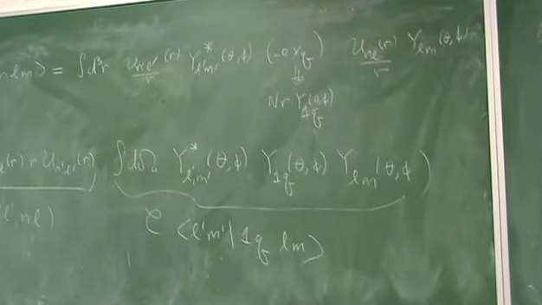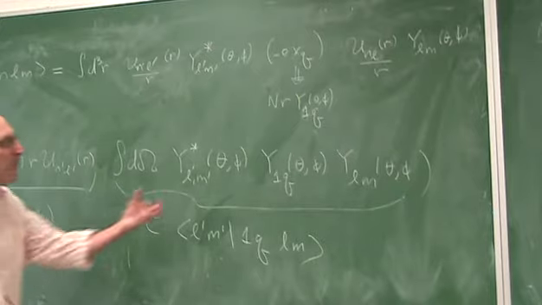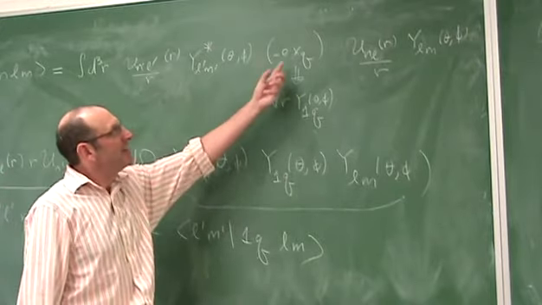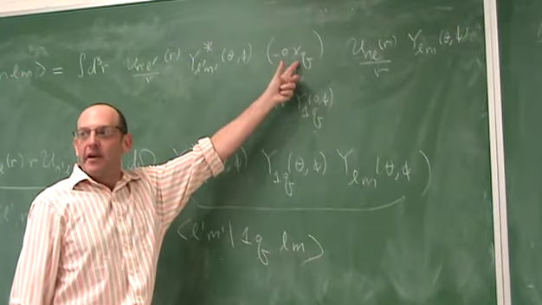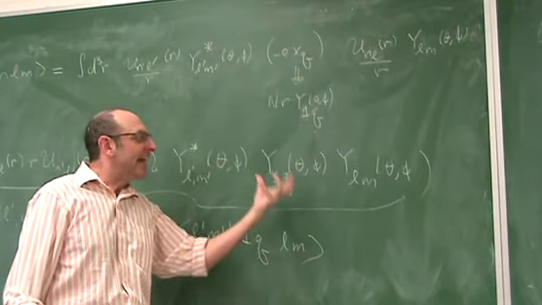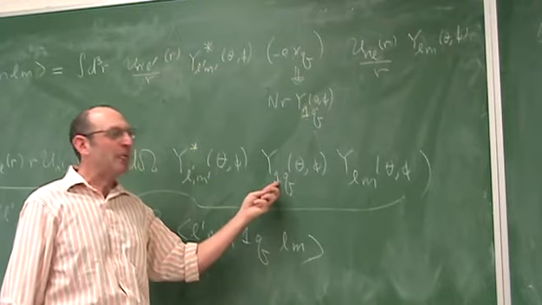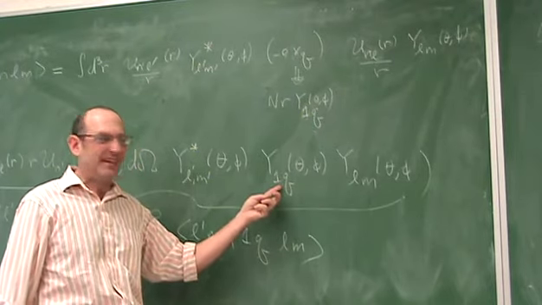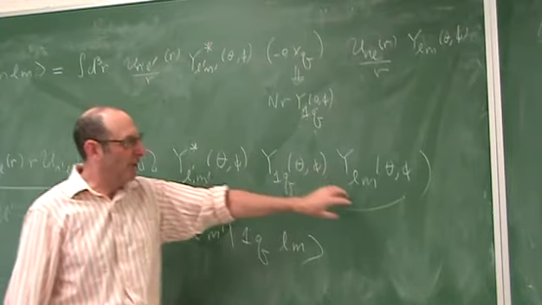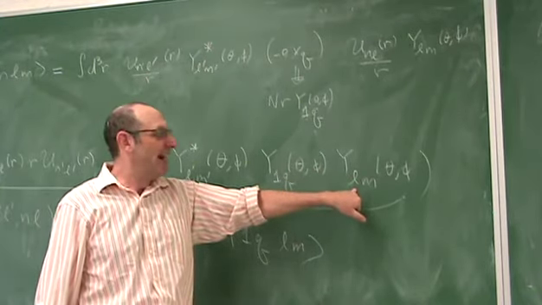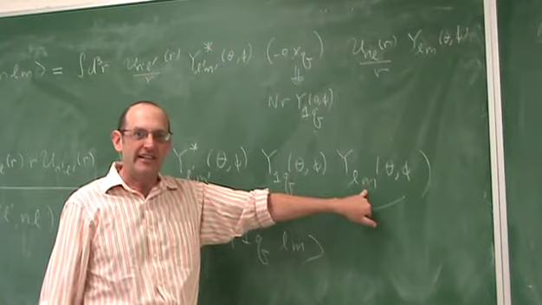It's saying that when I have this component of the dipole operator, it's like an object that has one unit of angular momentum with projection Q. So I started with a certain amount of angular momentum and projection.